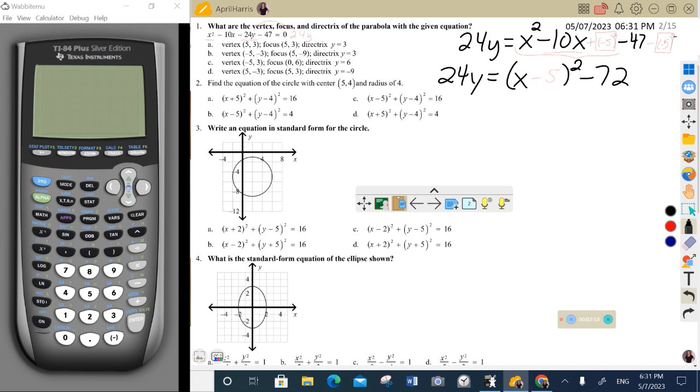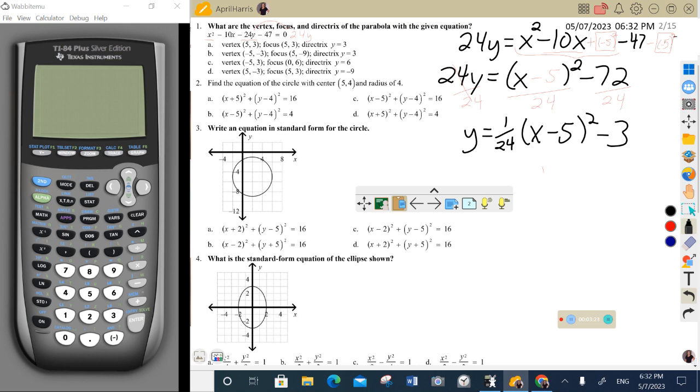So you almost got y by itself, so then we're going to divide everything by 24. And when you do that, you have y equals 1 over 24 times x minus 5 quantity squared, minus 3.